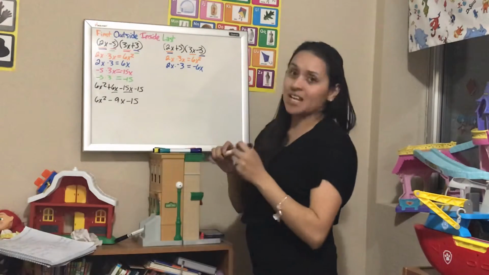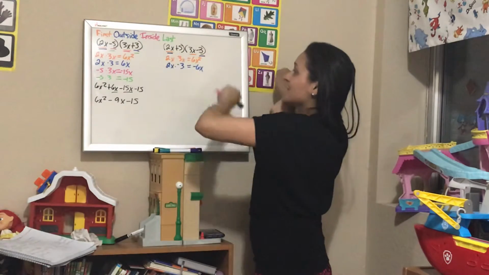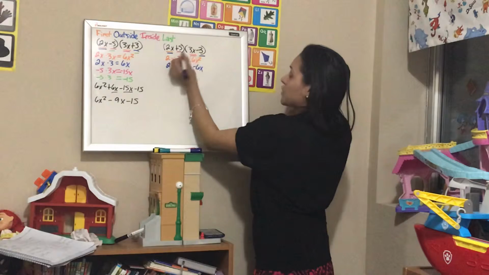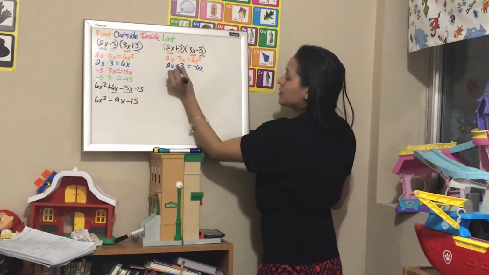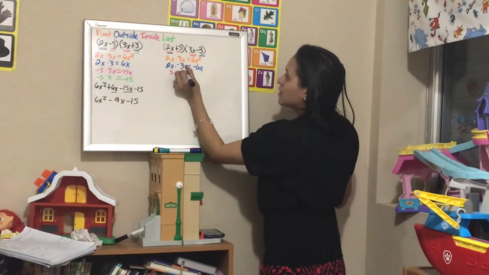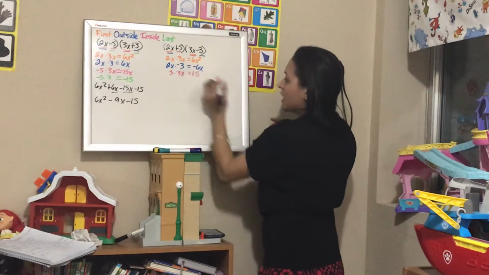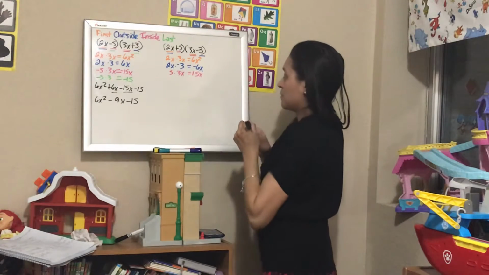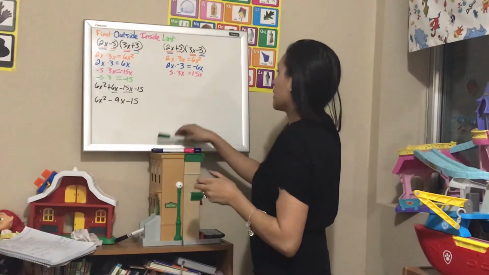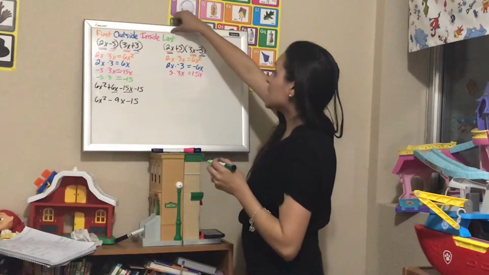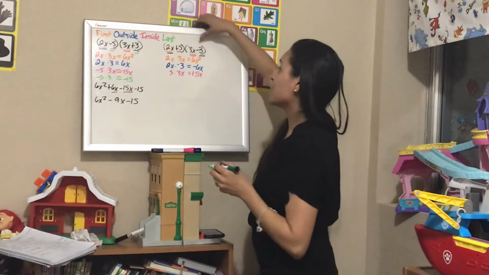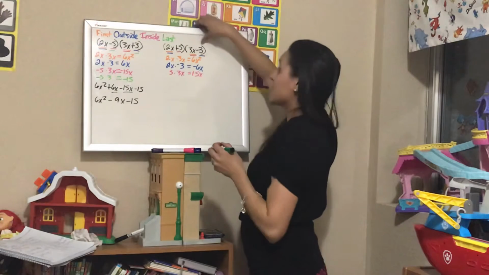We have our inside terms, which are going to be a positive 5 and a 3x. It's going to give us 15x. And then our last terms are going to be a positive 5 and a negative 3.